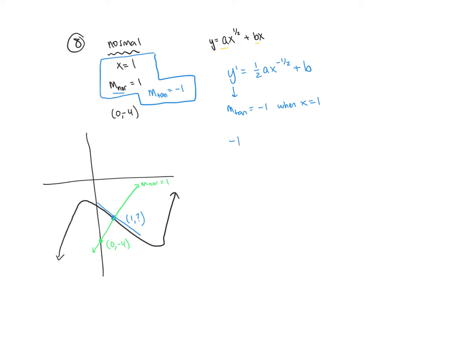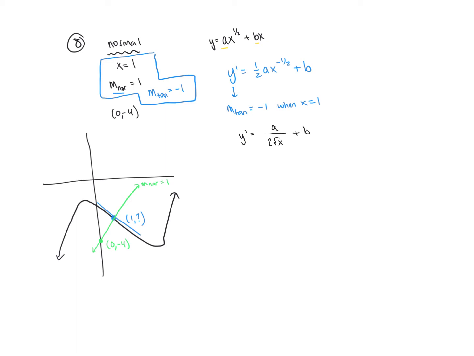I'm going to rewrite this first as y prime equals a over 2 root x plus b. That will be a little bit easier.